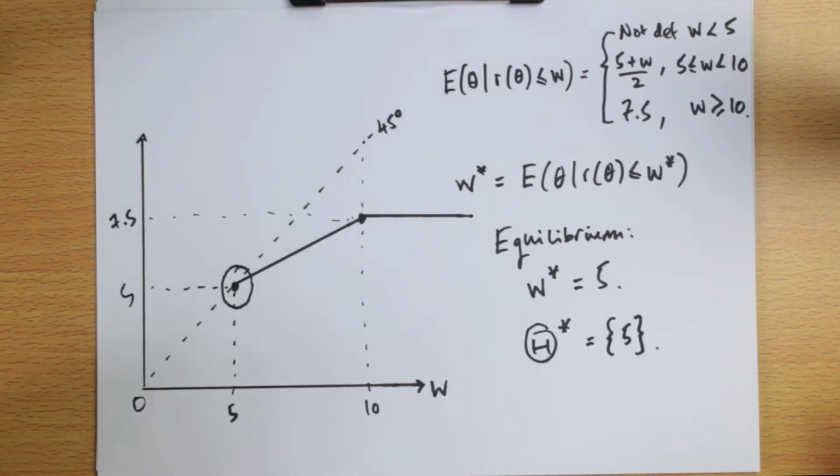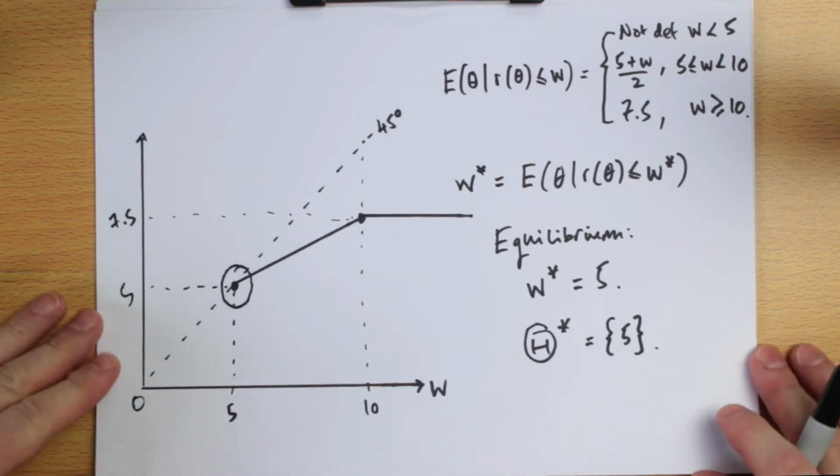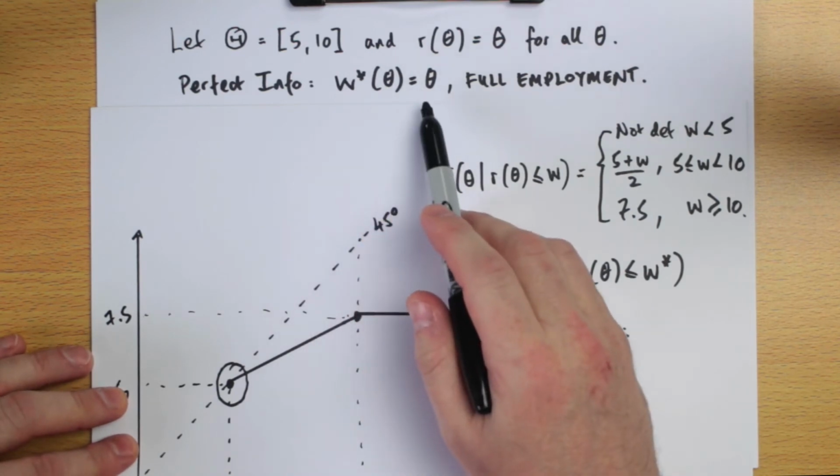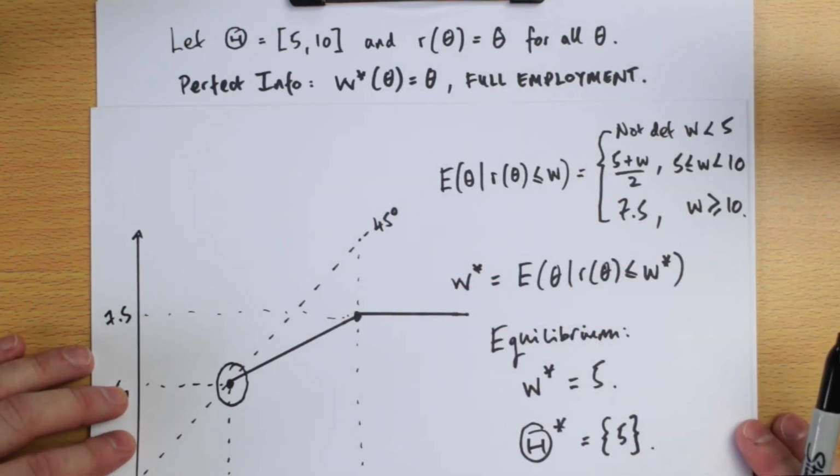Okay, so that was the kind of mathematical exercise of solving this problem. Now it's time to stand back and marvel at the terrible implications of this. Remember that for perfect information, everybody got paid what they wanted and there was full employment.